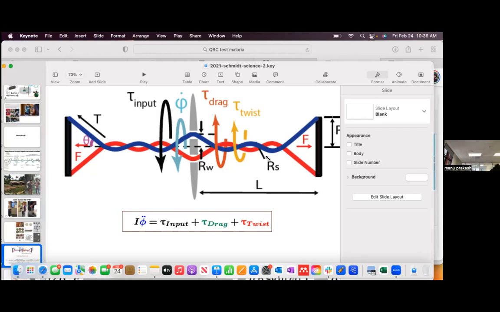The pen has a handle. I'm going to have you get a feel for it before.